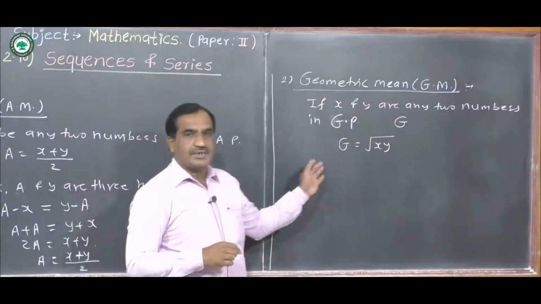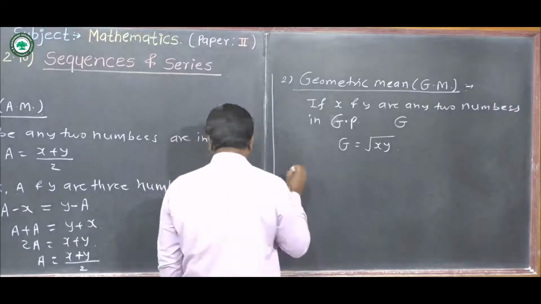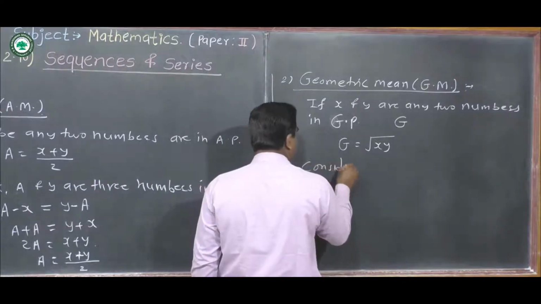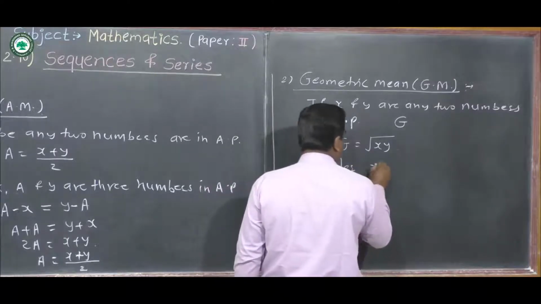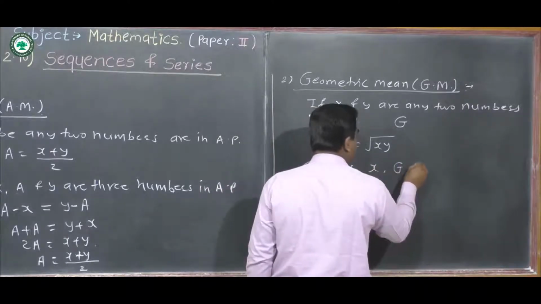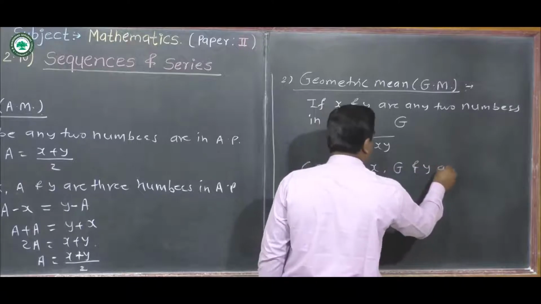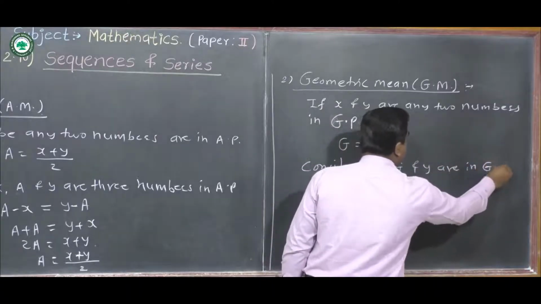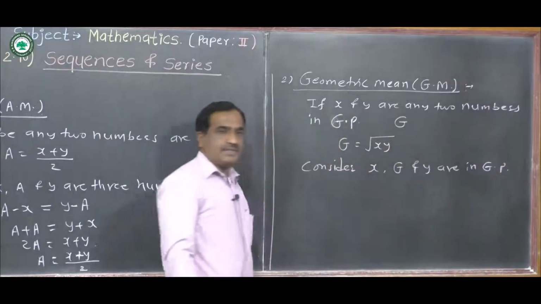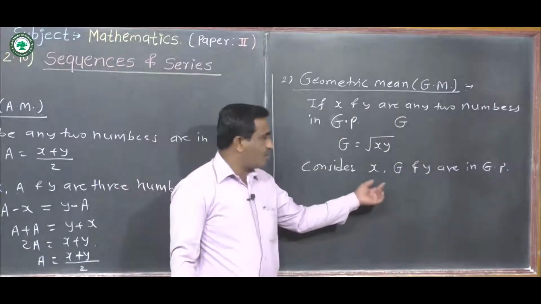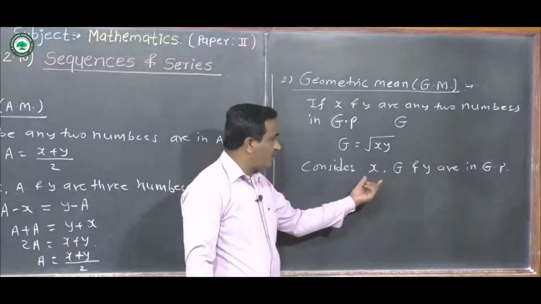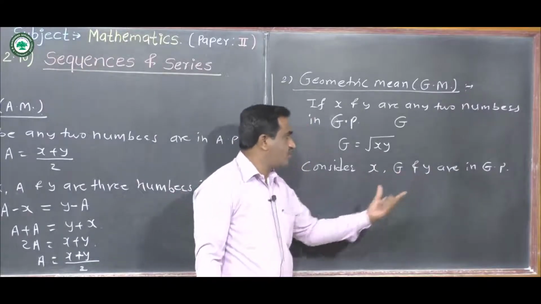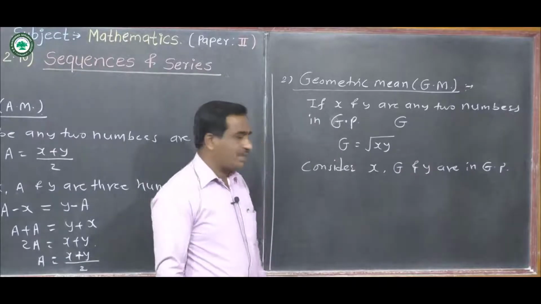Here also we consider any three numbers in GP. Consider x, comma G and y are in GP, in geometric progression. Then we can write the common ratios of consecutive terms, and these are equal.